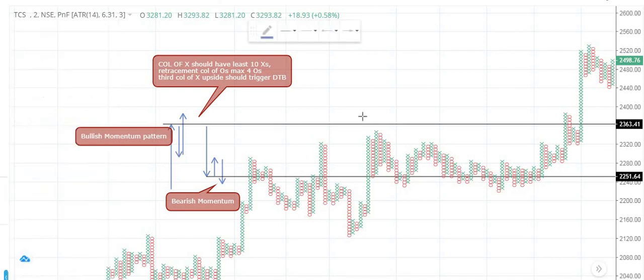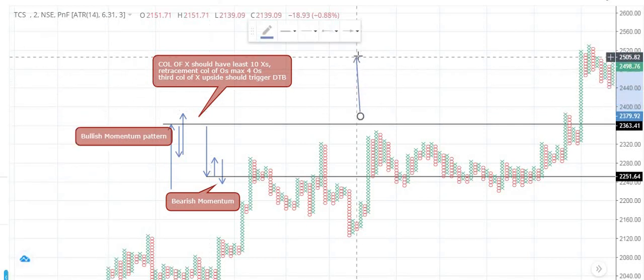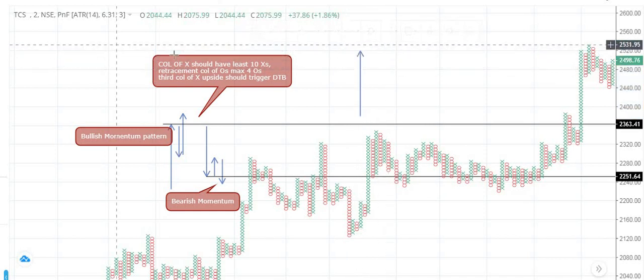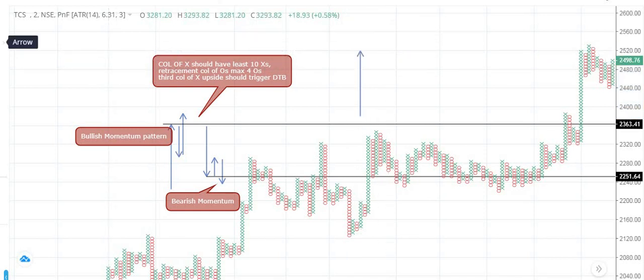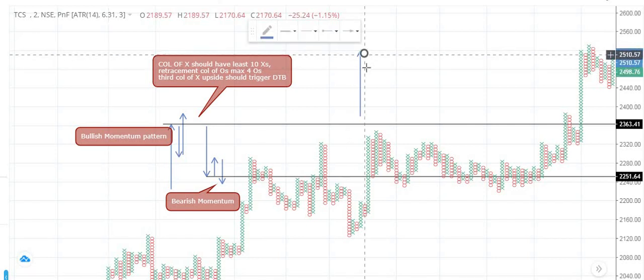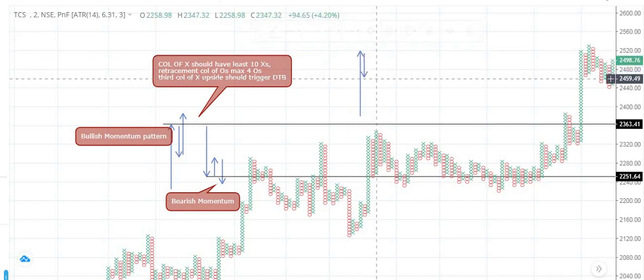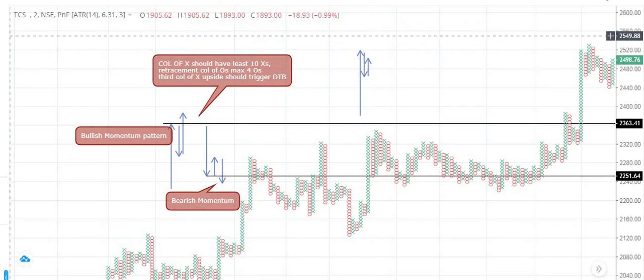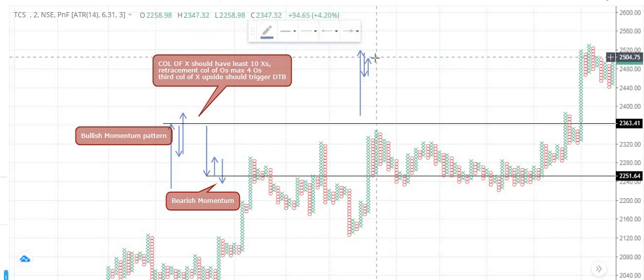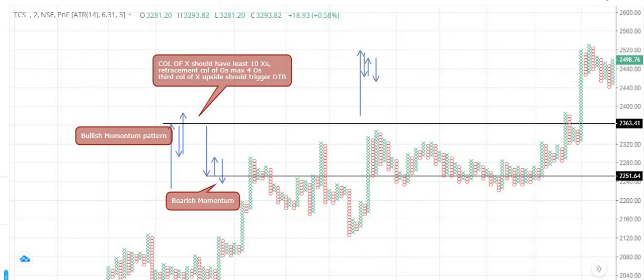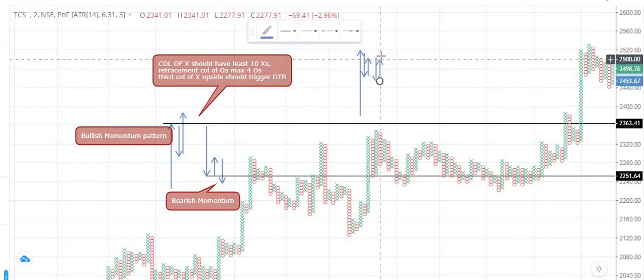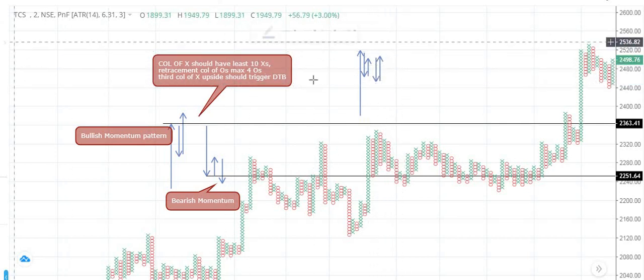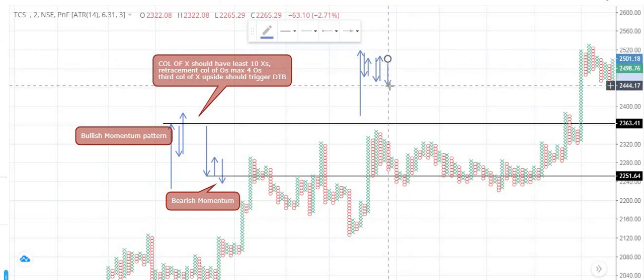The difference is a bullish pattern, obviously minimum 10 X's or more, then bearish, then bullish, then bearish, maybe a downside breakout, then bullish, maybe an upside breakout or not, then bearish.